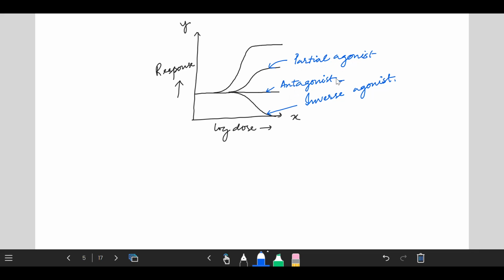Because antagonist does not produce any effect, you are seeing a straight line, and partial agonist produces a less response than the agonist or full agonist. That's why you are getting this kind of curve. So this is the full agonist, and this line represents the constitutive activity.